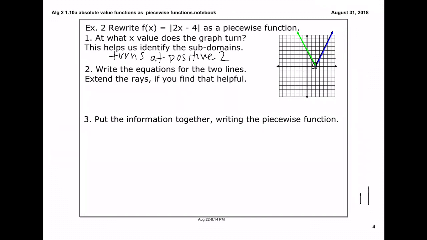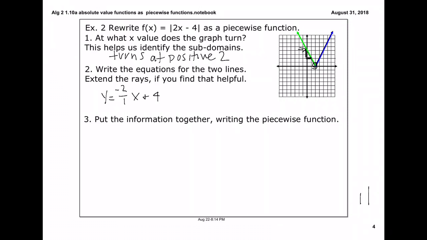So looking at my green ray, I can tell that my y-intercept is at 4, so I'm going to have y equals something x plus 4 because that's where my line begins. And then when I take a look at my slope, I notice it goes down 2 and right 1, so my slope is -2 over 1.